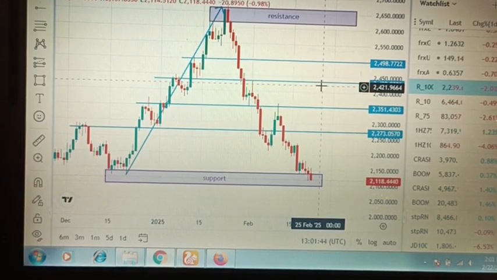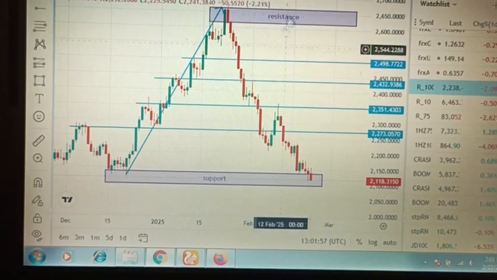Because in forex, we are looking at zones, zones of interest. When you buy or sell, you buy at zones of interest. You can't just come and buy and sell anyhow.